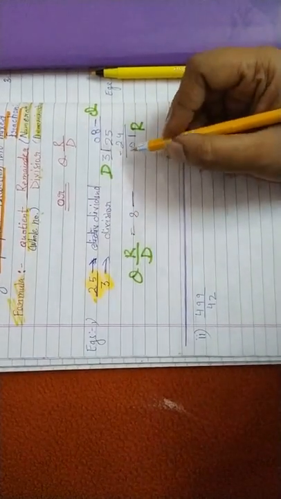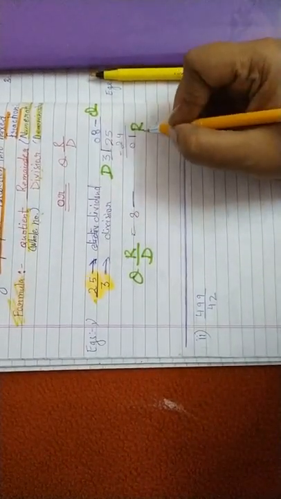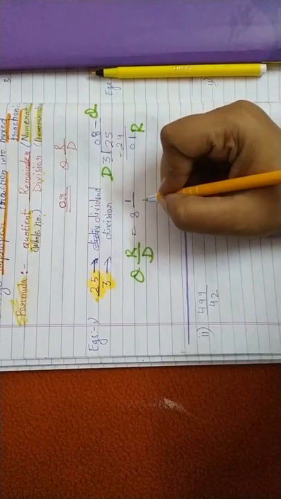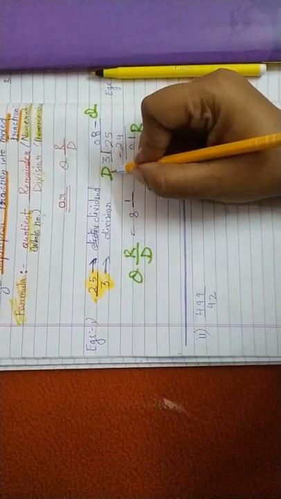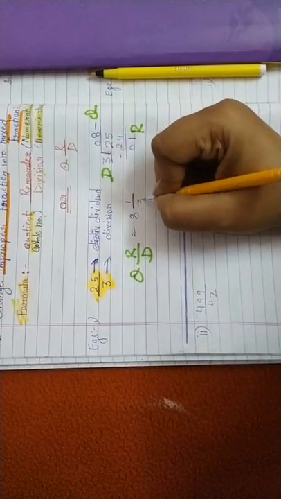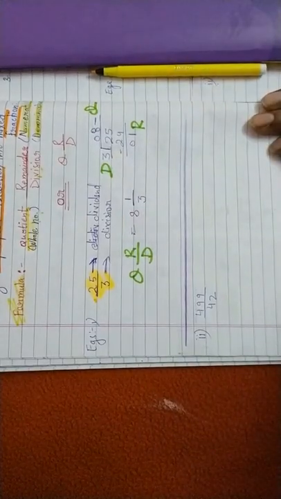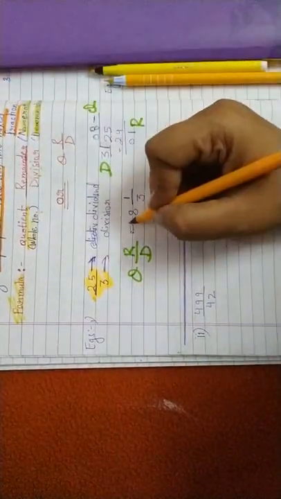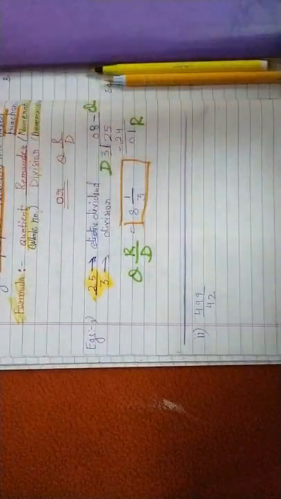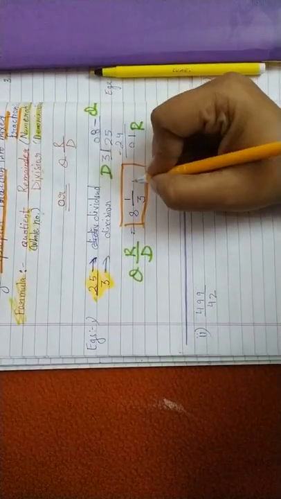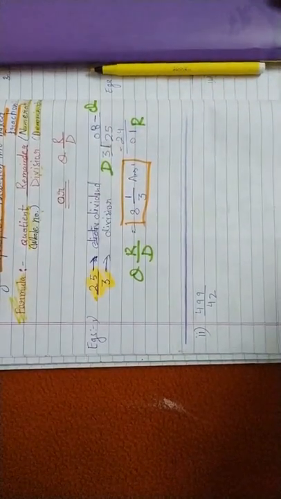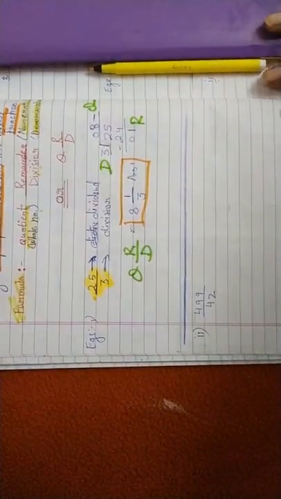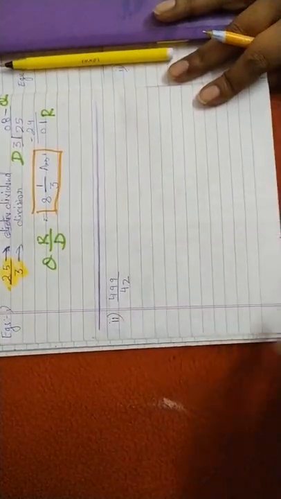And what is the remainder? 1. 1 will come as the numerator. And what is the divisor? 3. 3 will come as the denominator. Is it clear? So this is your answer. Is it clear? Simple. Let's take one more example.